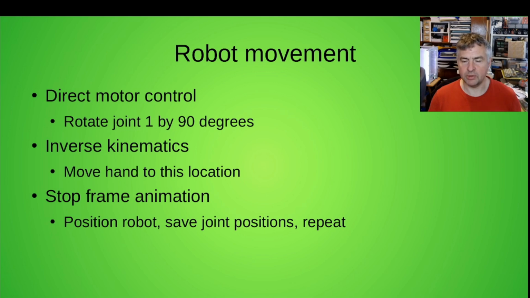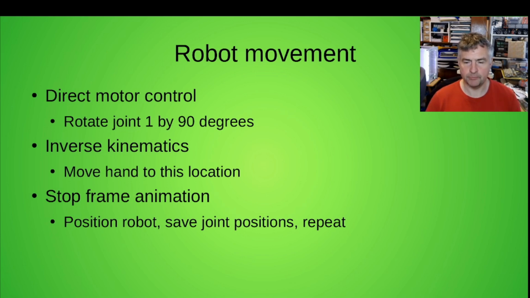So inverse kinematics is a set of algorithms that you can use to compute what all the other joints should be in order to make the hand move to the desired position. So it would compute the position of the shoulder, the elbow, any wrist movement, to make the robot meet each target. And again, here you don't really care what the joint angles are as long as the hand is where it needs to be.